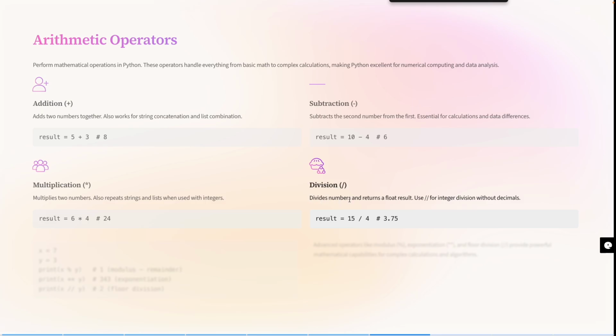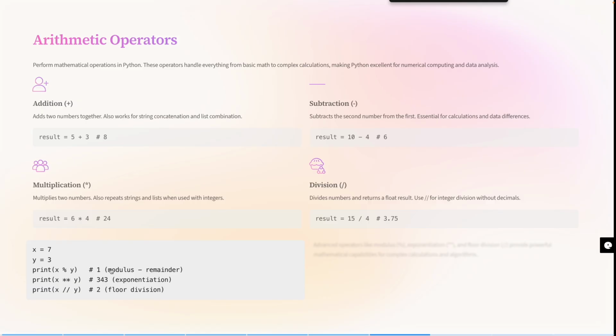Division divides numbers and returns a float value. Use a double division sign for integer division without decimals. Okay, so as you can see over here, x is equal to 7, y is equal to 3. So print x modulus y.